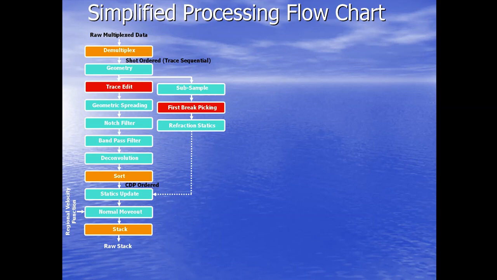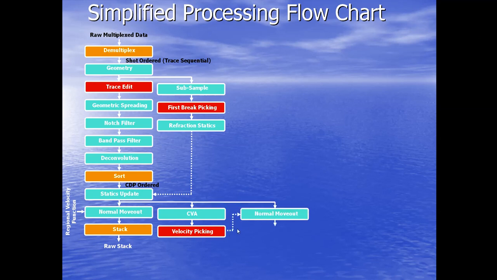After NMO correction, we can do stacking, which gives the output of the raw stack over here. Also from the static correction and NMO, we have the CVA, which is the velocity picking, and the velocity picking can result from the normal move out. Then we can do the stacking, which is called the brute stack.